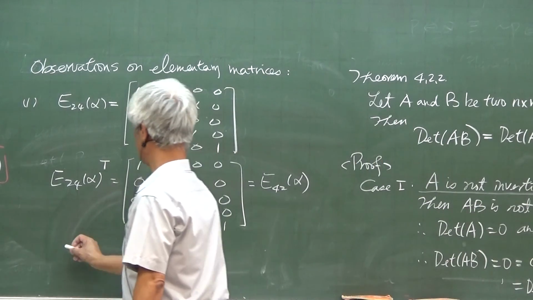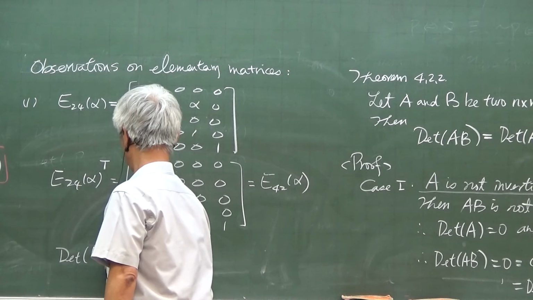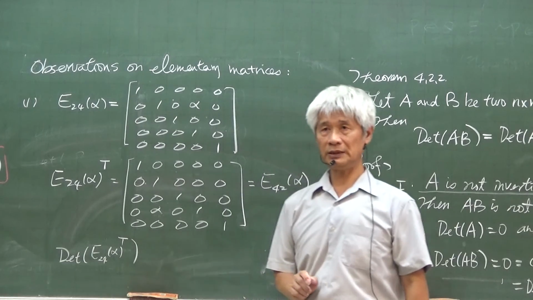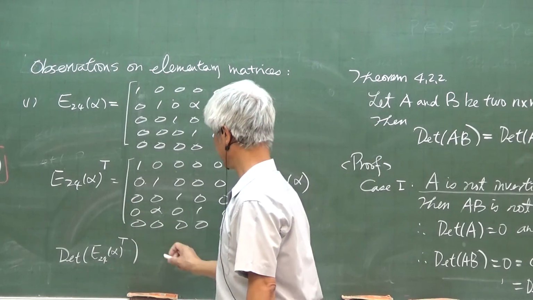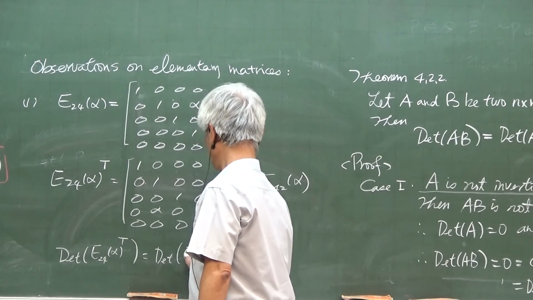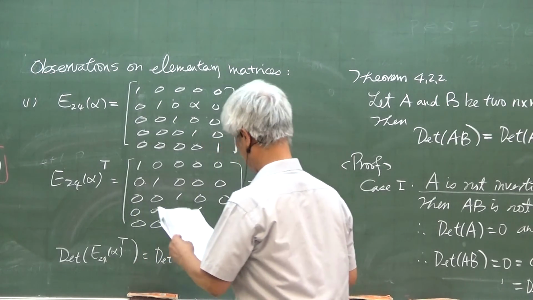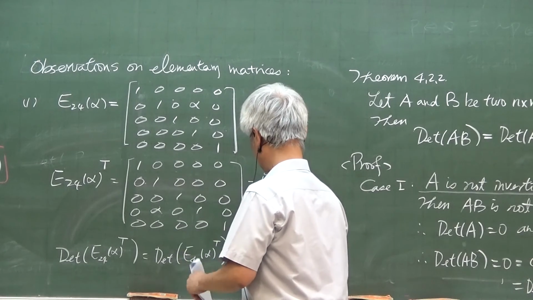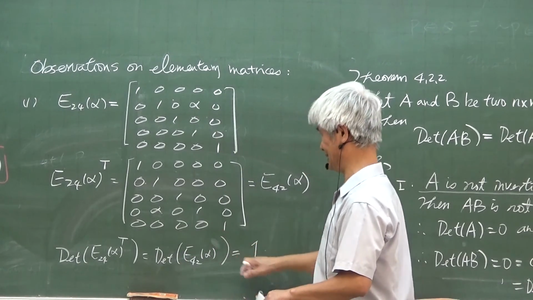And so the determinant of E 2 4 alpha transpose. If we want to know the determinant of the transpose of this one, it is the determinant of E 4 2 alpha. Oh, sorry, no transpose.